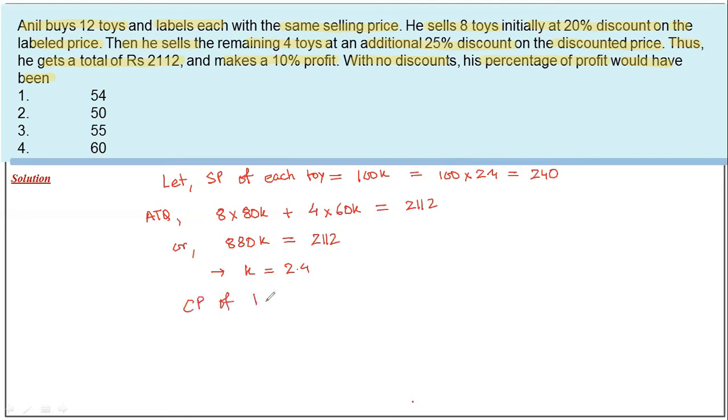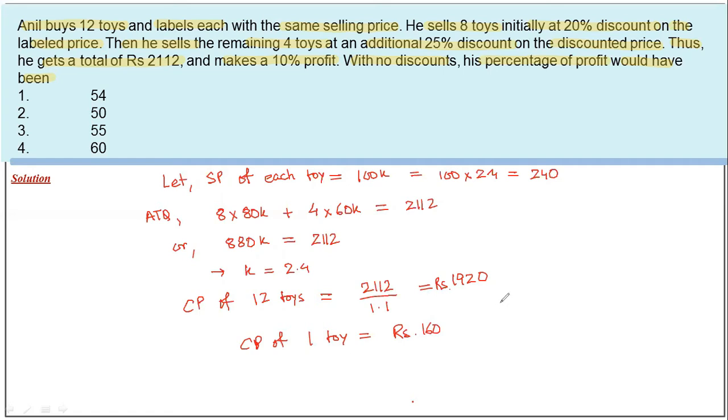So CP of 12 toys is 2112 by 1.1, that is 1920. So CP of one toy becomes rupees 160.